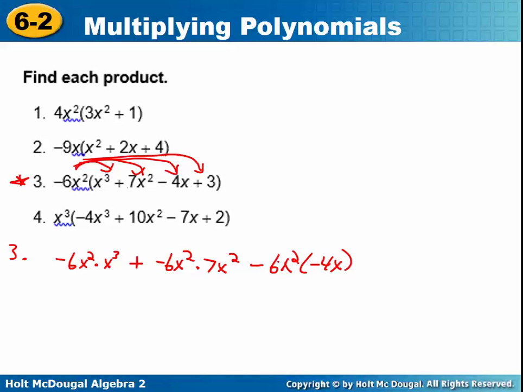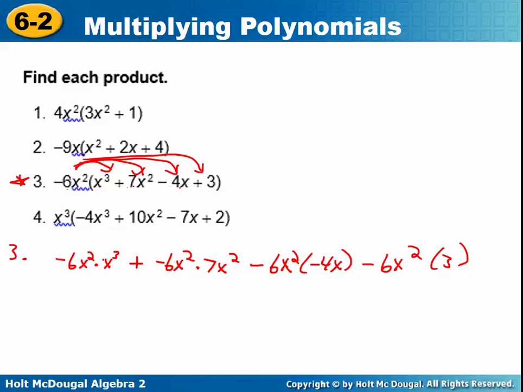That term's going to end up being positive because of the negative times negative. And then I have negative 6x squared times 3. So when I multiply the negative, each one of these terms will be the opposite sign as what they are now.